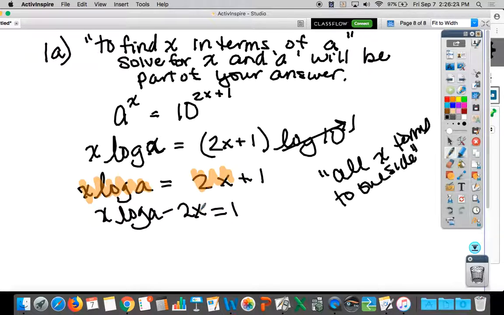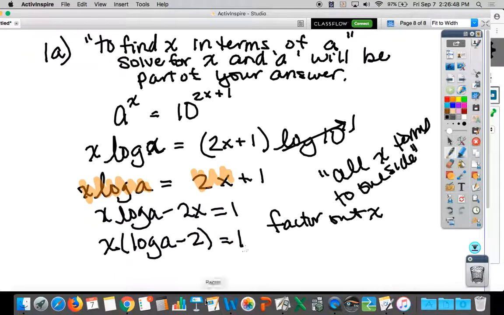Huh? I can't. I mean, I could, but that's not going to get me 1x. Factor out the x. You've got to factor out the x, and you're going to have to remember that. So we've got an x, which leaves me log A minus 2 equals 1.